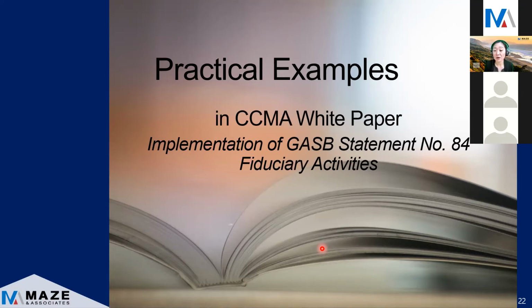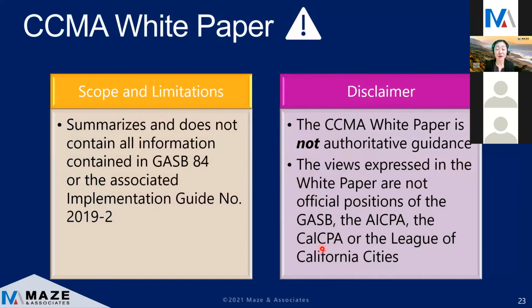So this paper was issued last year in March. Of course, we're a bunch of accountants, so we have a disclaimer before we go over anything. Just make sure, okay, this is not authoritative. This is just a point of view of the CCMA, but it is not authoritative.